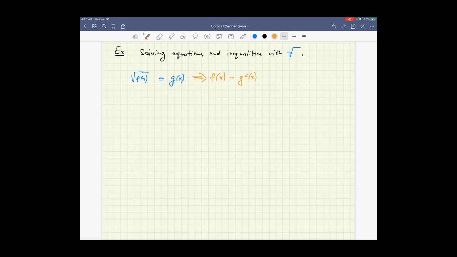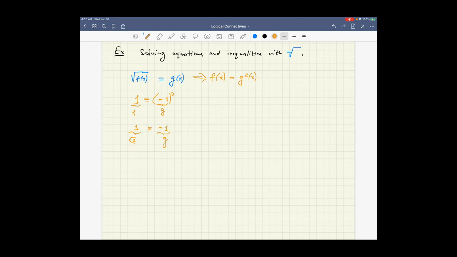For example, you can clearly see that 1 equals negative 1 squared. Right? And say this is my f squared, and this is my g. G is negative 1. Can you really say from here that root f, which is 1, equals g, which is negative 1?